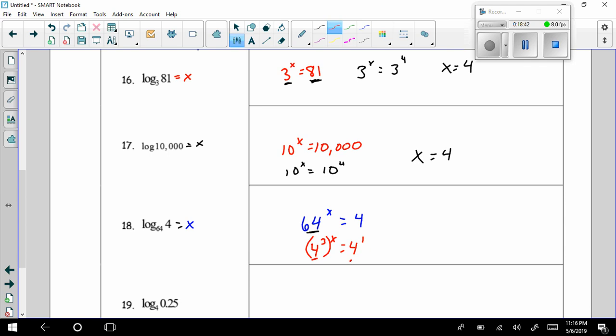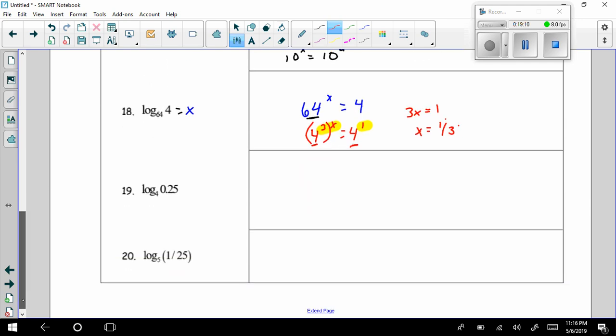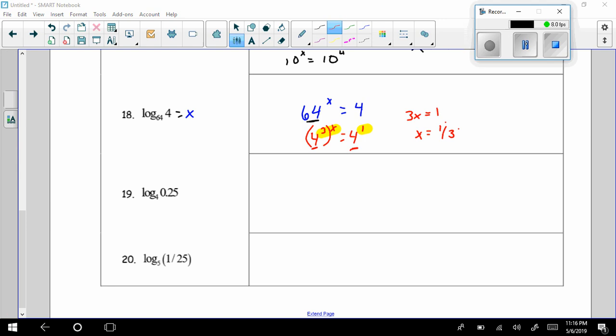So now I have like bases, which means that once again, my exponents must match. So 3x is equal to 1, and x equals 1/3. So think about what this means. Power over index, that rule comes back. The cubed root of 64 is 4.